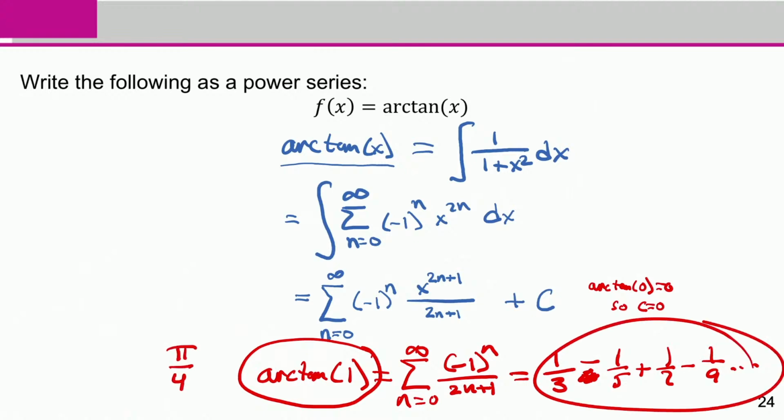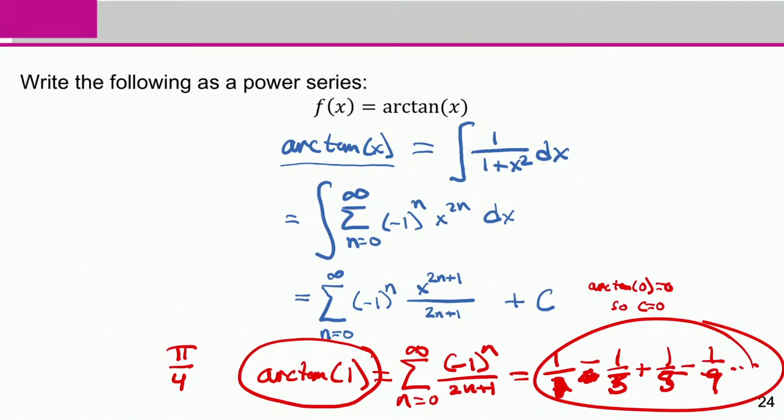So if you add up all of this mess, you'll actually get pi over 4. Just interesting that that's the case.